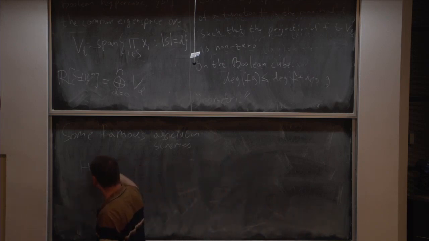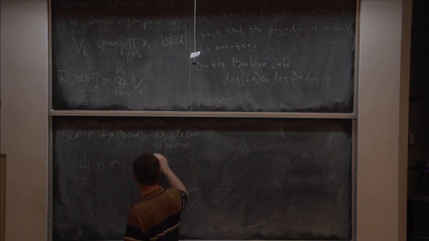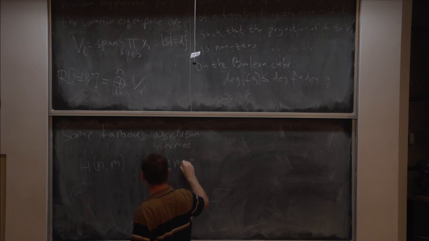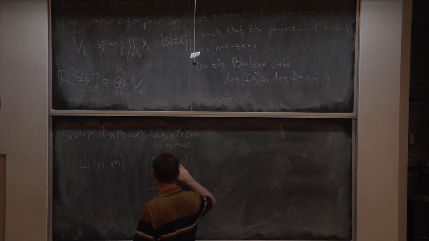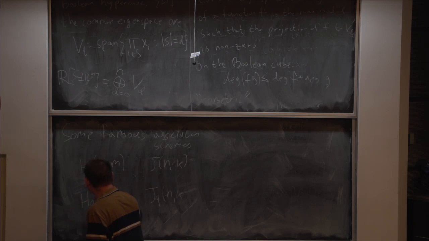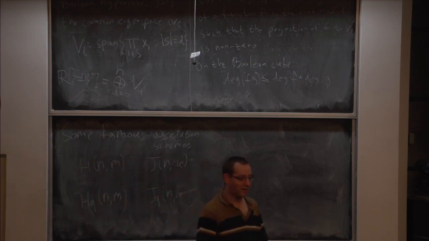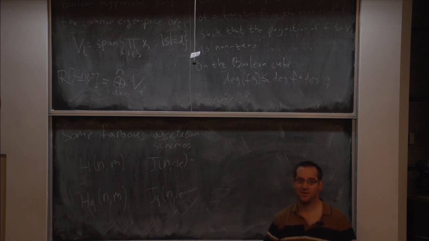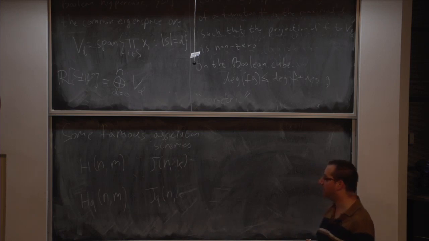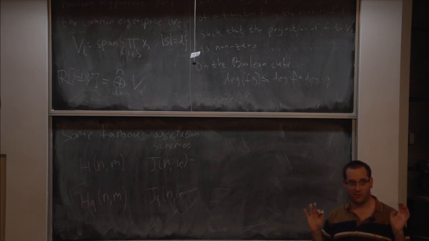So we have the Hamming schemes, the Johnson schemes, the Grassmann schemes, and the bilinear scheme. Okay, and this is a picture which you can find in some papers of Delsarte. So he made up this list of important association schemes, and I'm now going to go over them one by one.